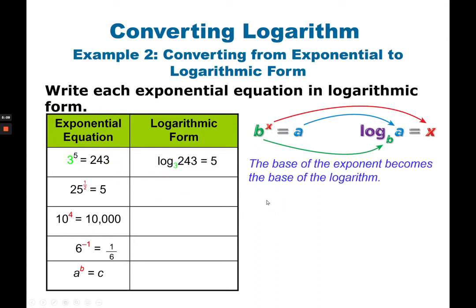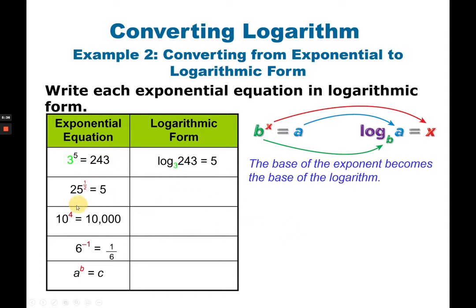The base of the exponent becomes the base of the logarithm. 3 becomes the base. 5 is your value on the other side. 243 is your value next to your base. It's just saying how many times 3 is multiplied by itself to get 243. 3 is multiplied 5 times to become 243.